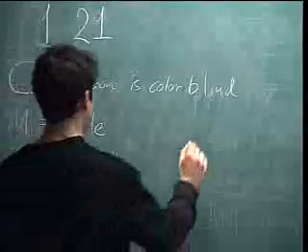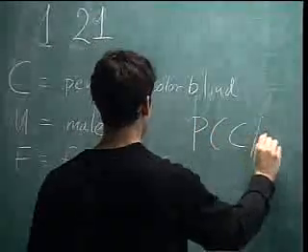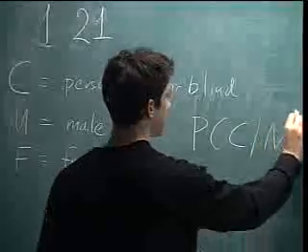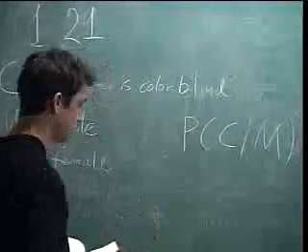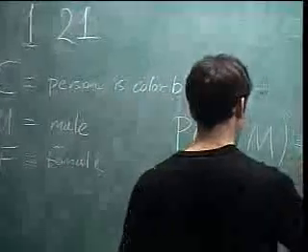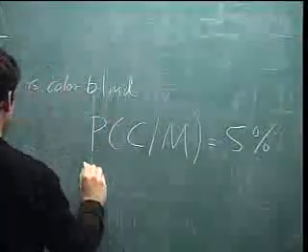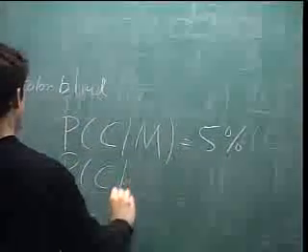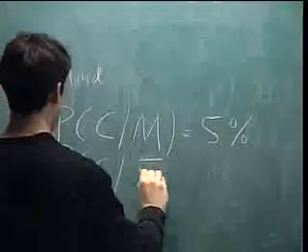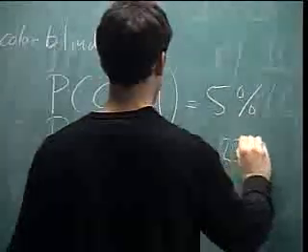Well, that means that the probability that you are colorblind, given that you are a man, is equal to 5%. And similarly, the probability that you are colorblind, given that you are a female, is 0.25%.